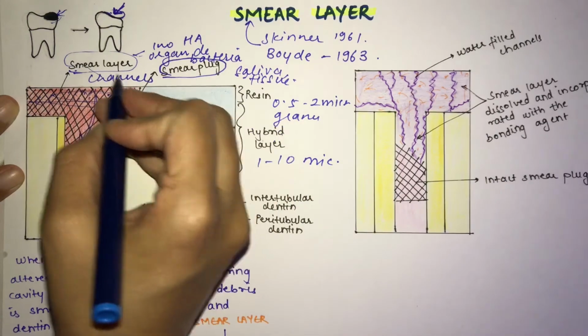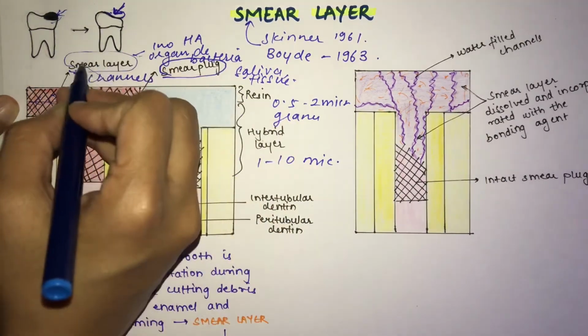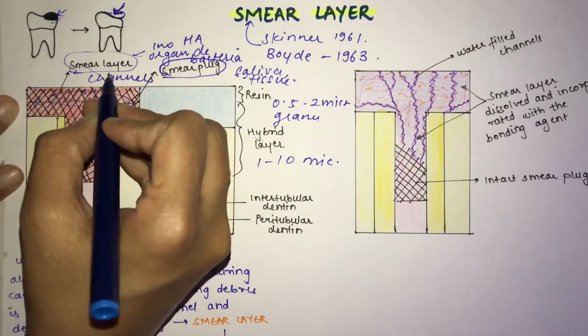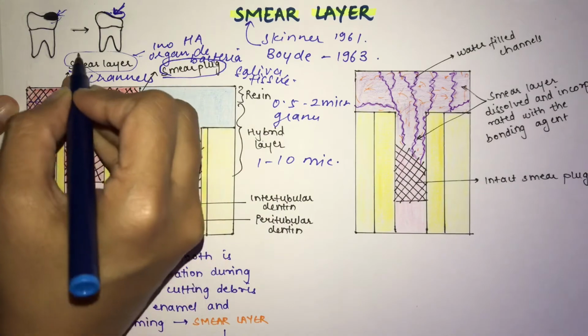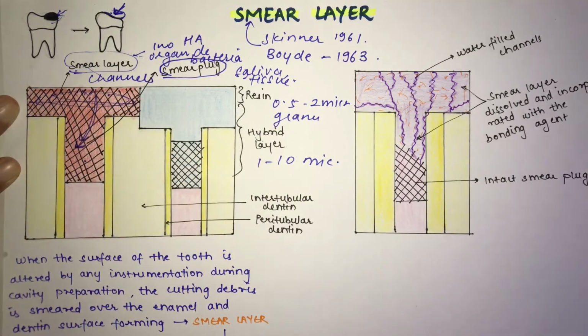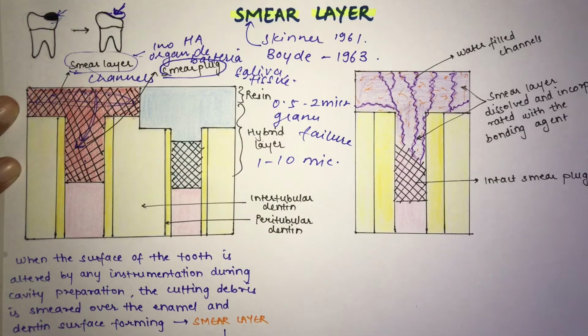Because of that, you need to eliminate or modify it. You need to make changes in the smear layer so that it does not affect the bonding of your resin to the tooth structure. If this smear layer is present, there are chances that your restoration will fail. This smear layer is a major cause of failure.